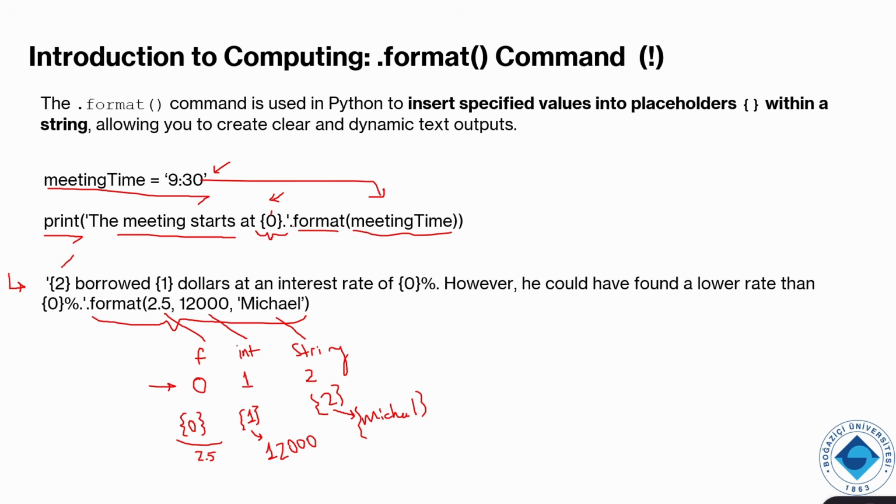So here, as you can see, we are calling the element with index number 2. So it is Michael or Michelle, sorry for pronunciation. Then if I put 1, it will return 12,000 and so on. Let's go to Anaconda and see how it works.